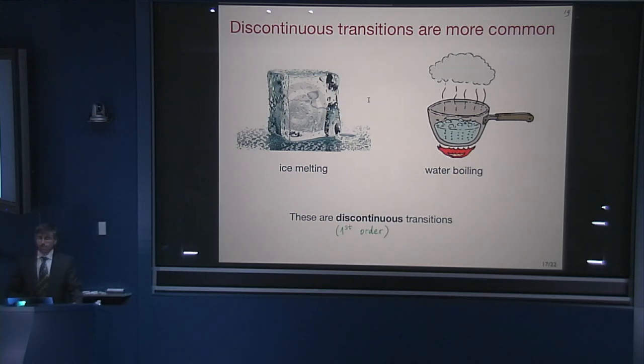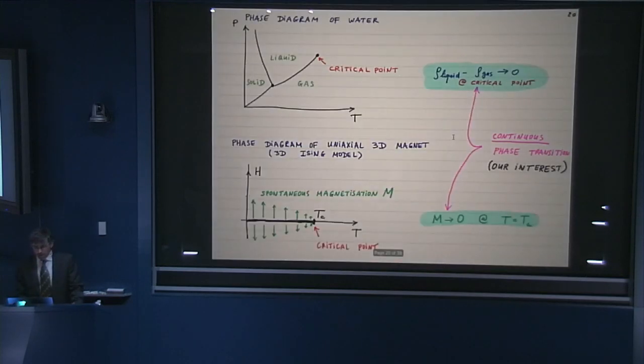When you take a block of ice and melt it, or if you take water in the kitchen and boil it, these are discontinuous phase transitions, because the two states of the substance which get transformed into each other, water and ice, or water and vapor, are radically different from each other. But there are different phase transitions which are, in a sense, more beautiful, more universal, and they're called continuous phase transitions. So let me explain where you can find them in real life or in the lab.